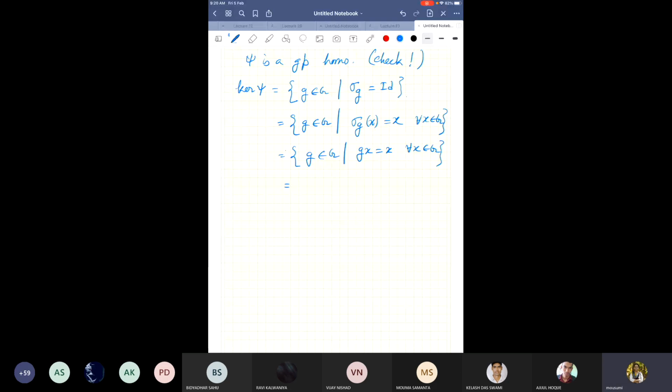Identity element. Only the identity element. Therefore, I am getting that this is an injective group homomorphism.